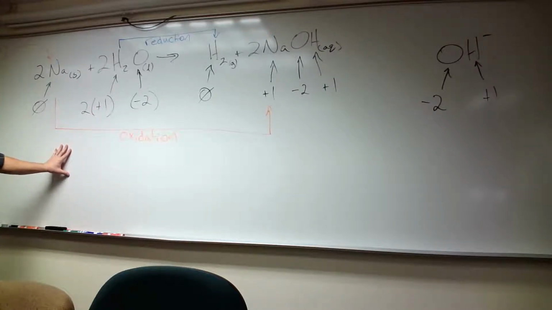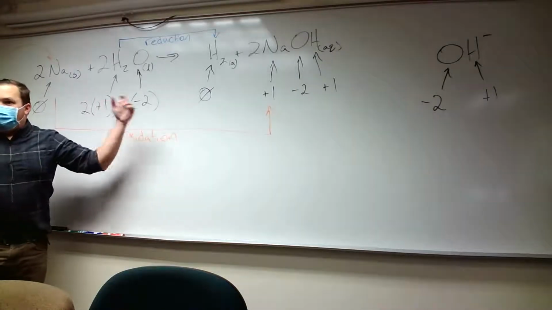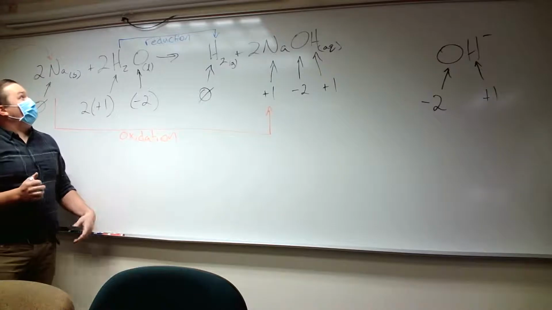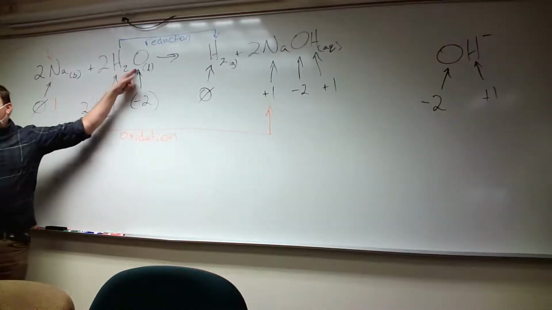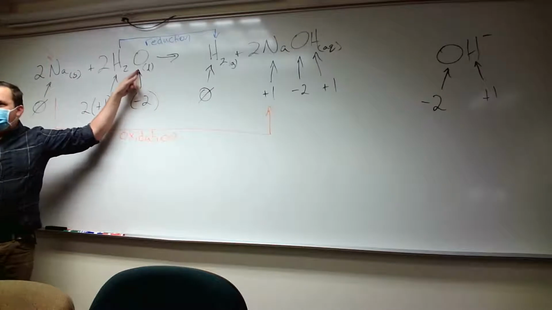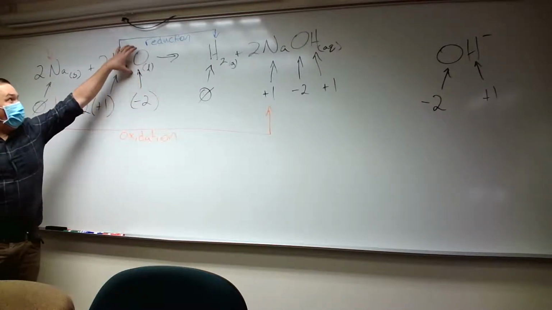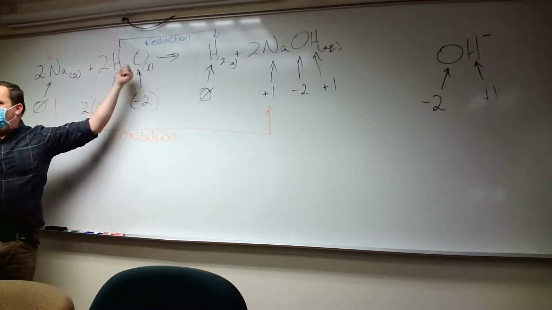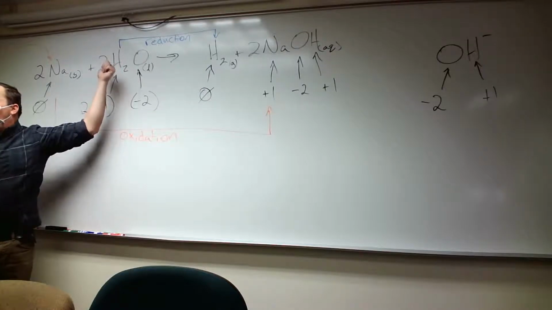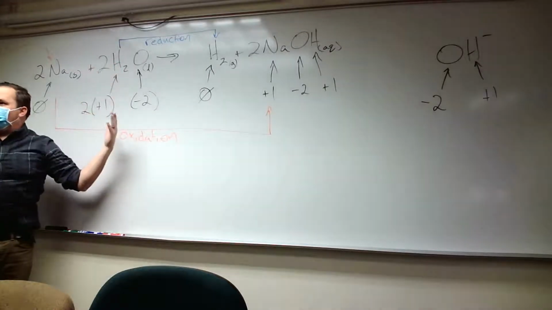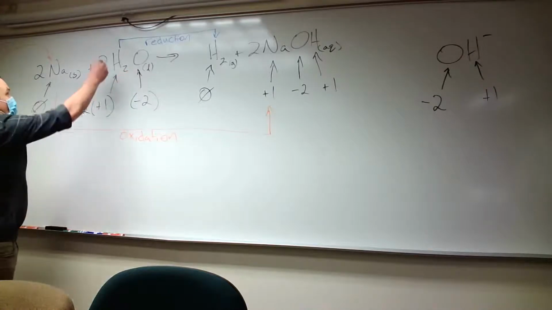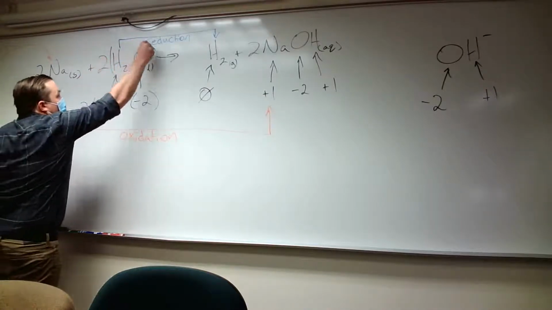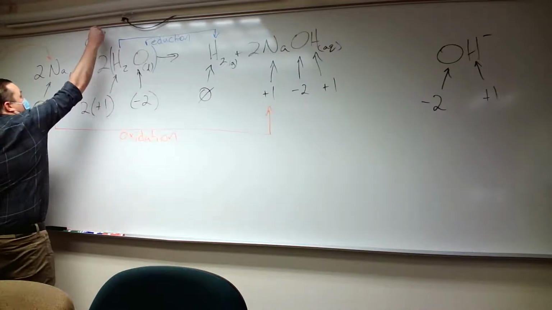All right, so we can identify where the oxidation is happening and where the reduction is. If we want to identify the oxidizing agent, even though the oxygen is not changing here, the oxygen is not the oxidizing agent. You identify one of the reactants on its own as being each agent. So even though the oxygen is not changing, we would say that water as a whole is the oxidizing agent.